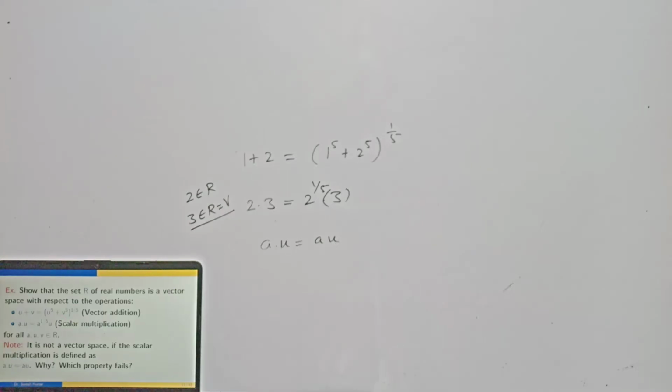This is an interesting problem. Which property fails out of the 10? Can you think about this property? There is a property in the vector space: a plus b dot u should be equal to a dot u plus b dot u.